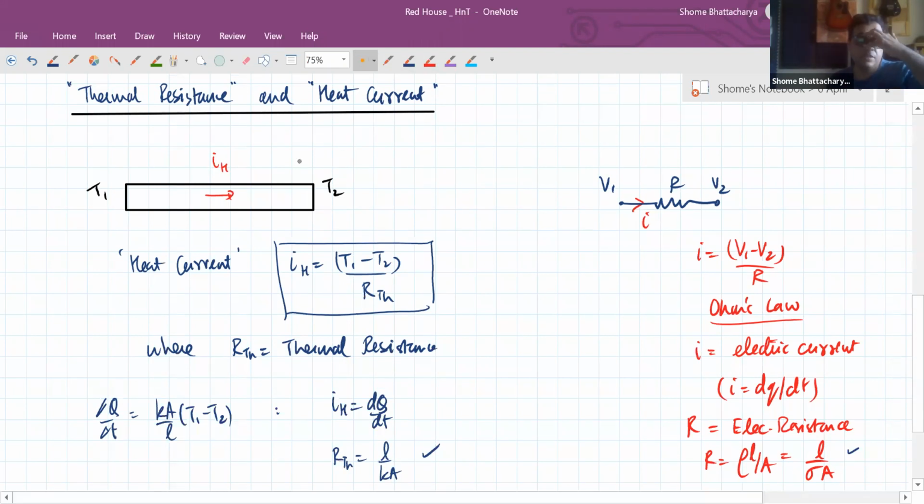So that is how we understand this process of thermal conduction, like a current flowing, but only the current flowing here is a heat current, and the resistance we are talking about is the thermal resistance.